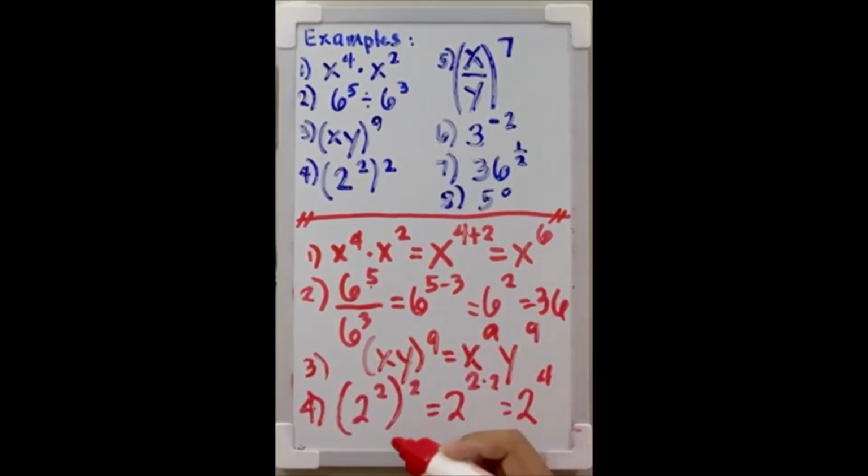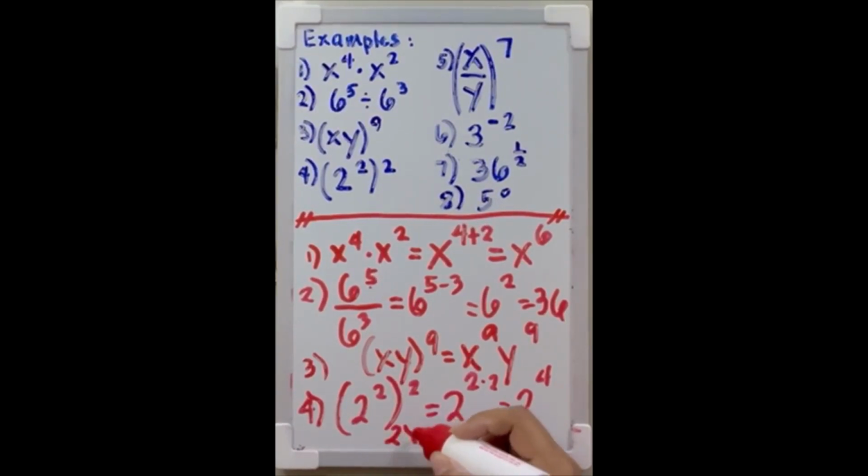If you are going to get the final answer here, you will just multiply 2 four times. So 2 times 2 times 2 times 2. 2 times 2 is 4. 4 times 2 is 8. 8 times 2 is 16. So the final answer here is 16.